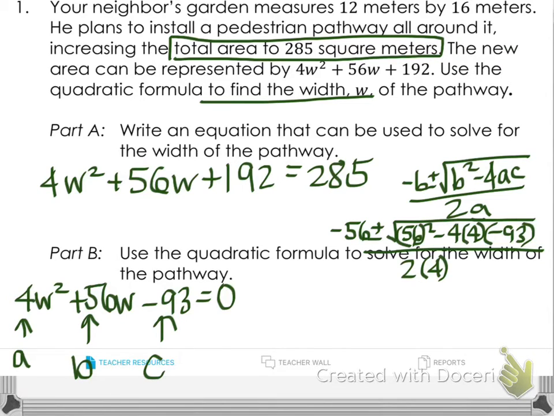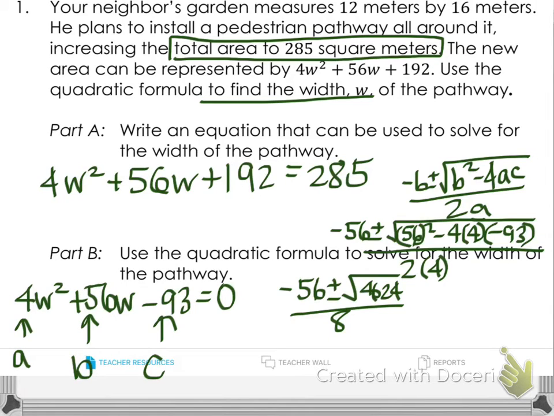Alright, when we square 56, and then multiply negative 4 times negative 93, and add those things up, what do we end up with? We should end up with negative 56 plus or minus the square root of 4,624, divided by 8.